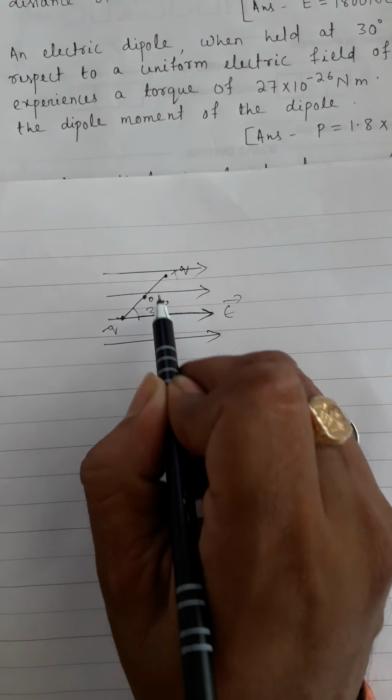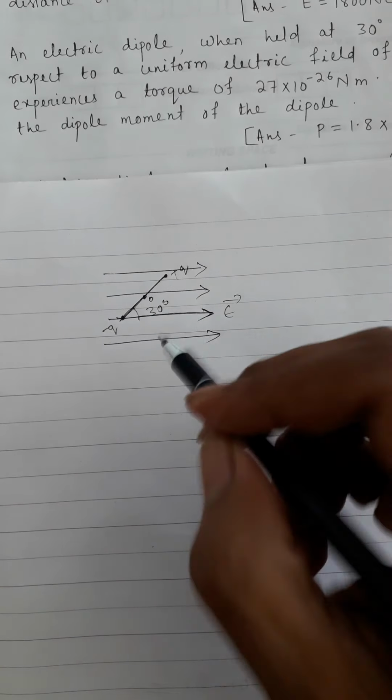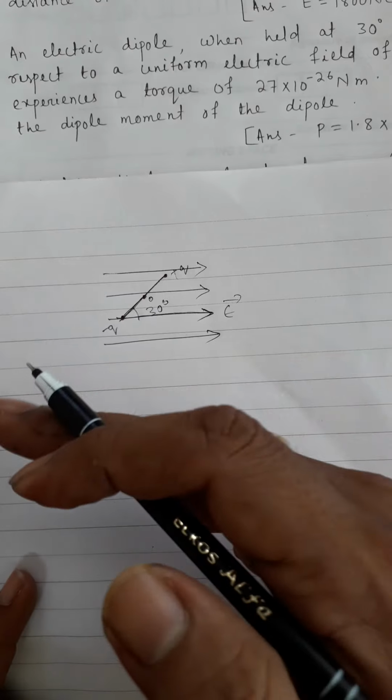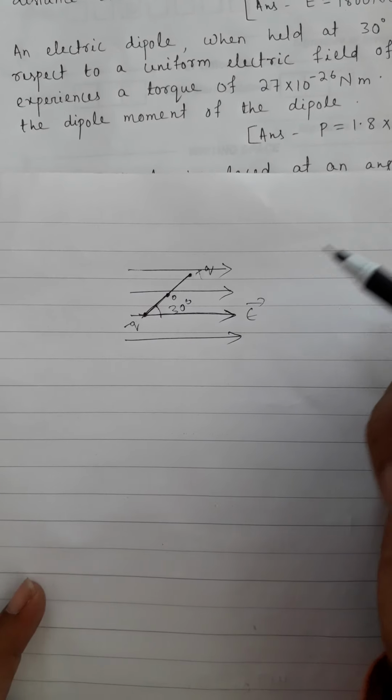This is the direction of electric field, this is the direction of this electric dipole, and the direction of this electric dipole is always from minus to plus, and it makes an angle 30 degree.